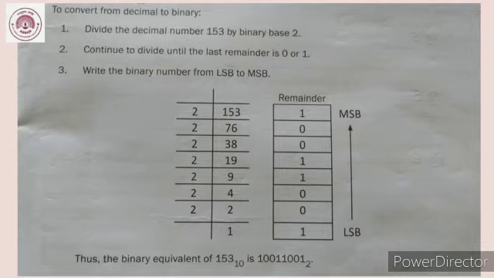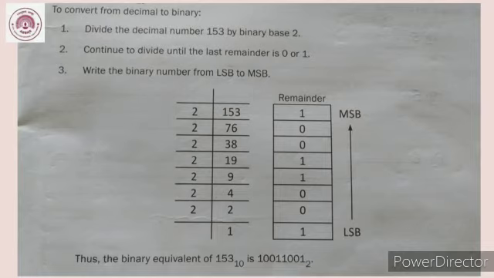Now take this 38, again divide it by 2. We get the answer as 19. Here also we do not have any remainder, so we will write remainder as 0. Next, divide 19 by 2. So 2 9s are 18. 19 minus 18, you get 1 as a remainder. We will write this one in the remainder box. Now we will divide 9 by 2.